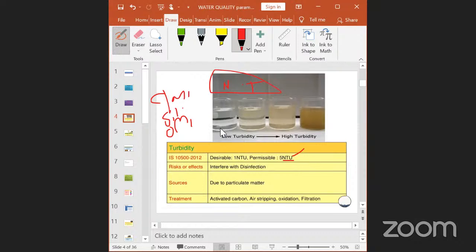You see here, this is low turbidity to high turbidity. You see the variation of the glasses of water. This one is very clear, and so on to the last one. So this is the turbidity difference between the water samples. Low turbidity is very clear, and high turbidity is not clear.